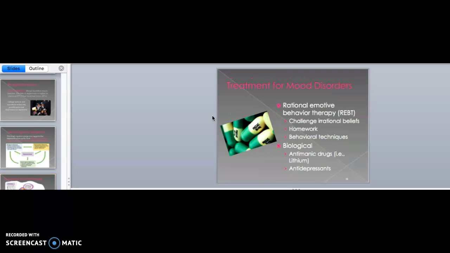Treatment for mood disorders is usually a combination of drugs and therapy, which is usually the best. Rational emotive behavior therapy is popular. This is where the person is challenged in their irrational beliefs.